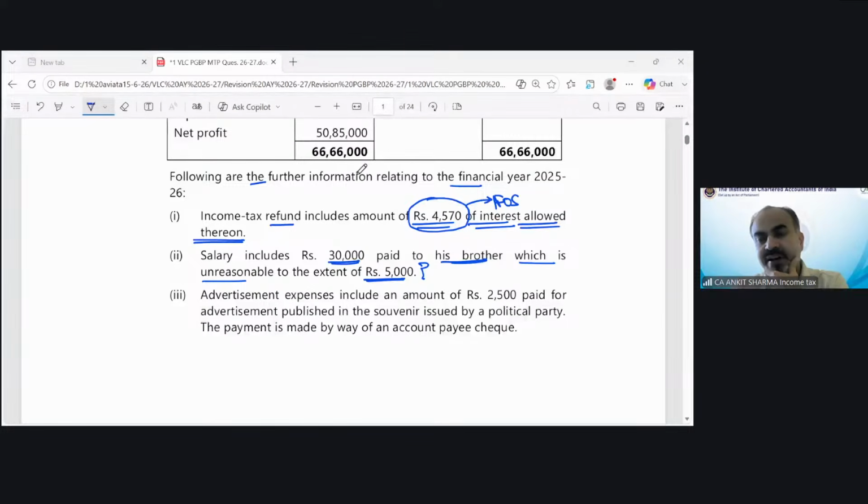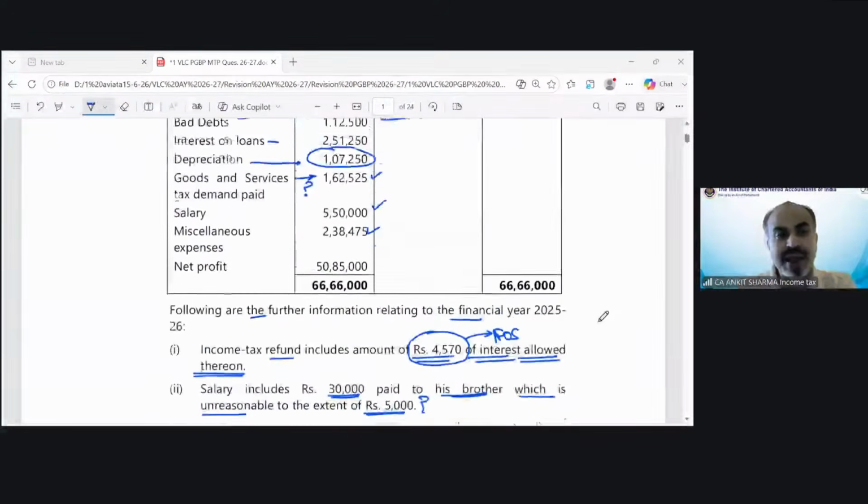Vishakha is saying 5,000 add. Ms. Mehak said 5,000 extent amount add. Absolutely correct. Garv is also saying the same. Very well done. So if any amount is paid to your relative, because brother does follow the definition of relative, in excess of fair market value, that's going to be disallowed expenditure. So this 5,000 is going to be added back.